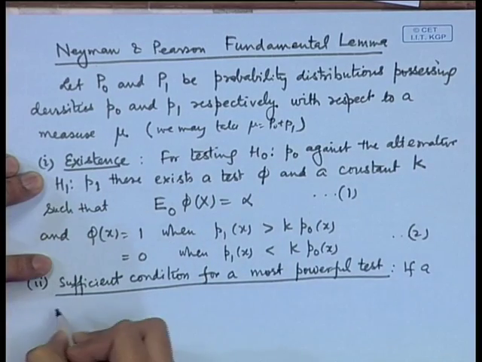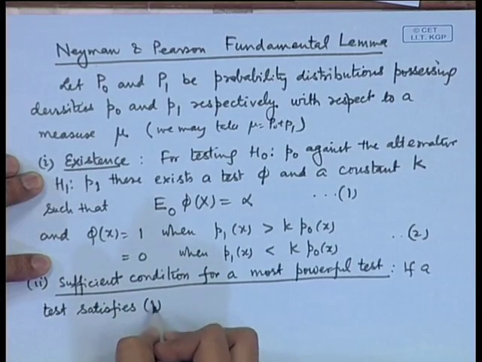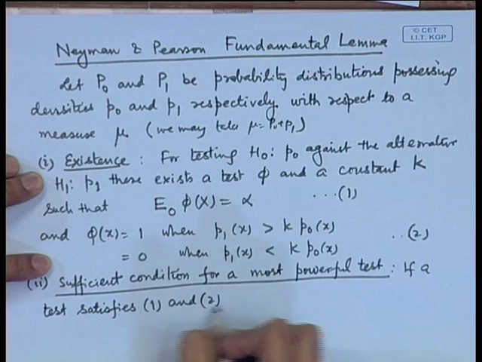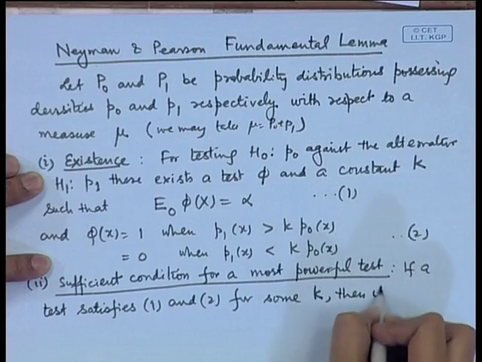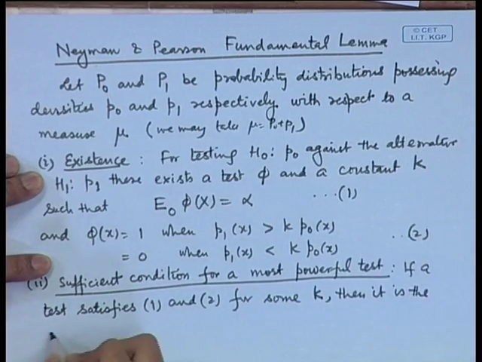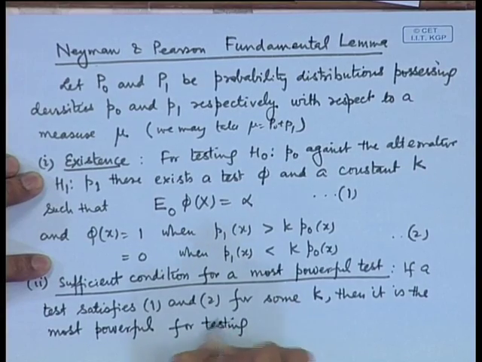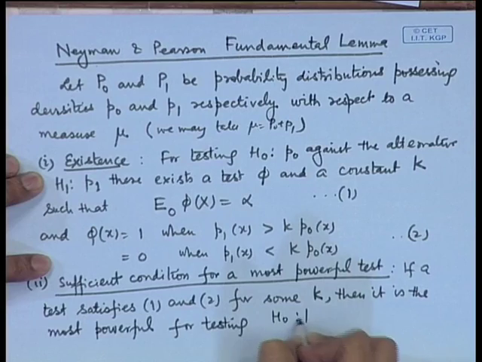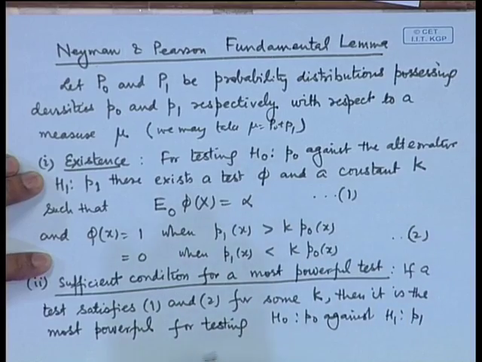If a test satisfies 1 and 2 for some k, then it is the most powerful for testing H naught, P naught, against H 1, P 1, at level alpha.